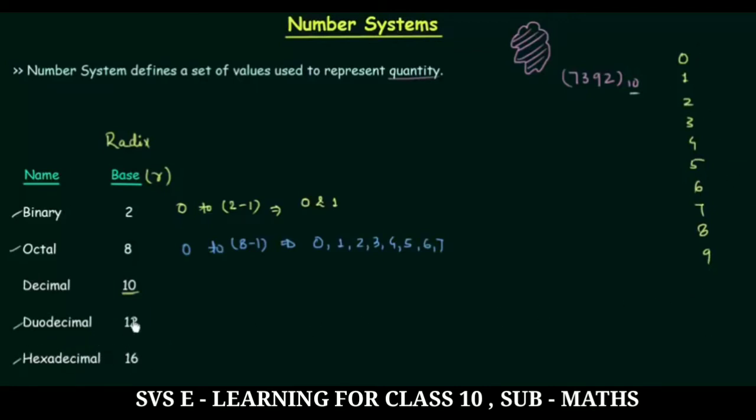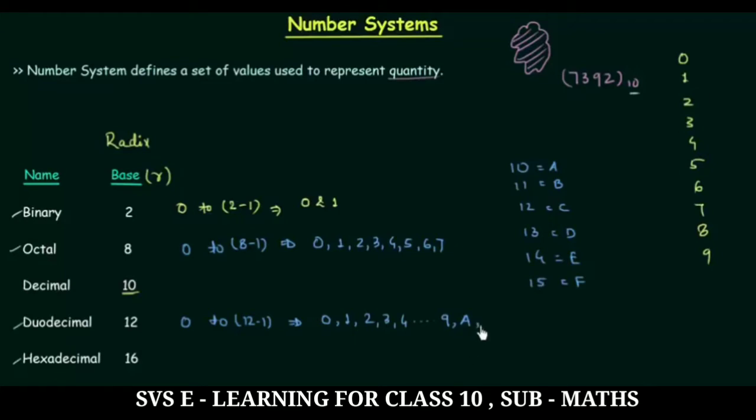For duodecimal, the base is 12, so we have 0 to 12 minus 1, and this will give us 0, 1, 2, 3, 4, all the way to 9, and then we have A. We represent 10 as A, 11 as B, 12 as C, 13 as D, 14 as E, and 15 as F. This is how we represent 10, 11, 12, 13, 14 and 15.